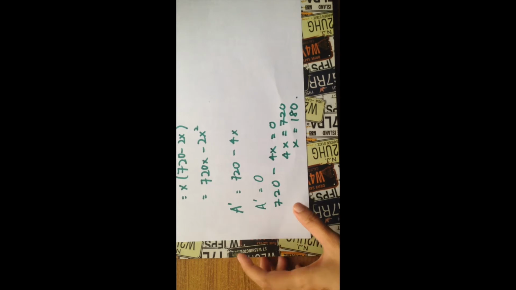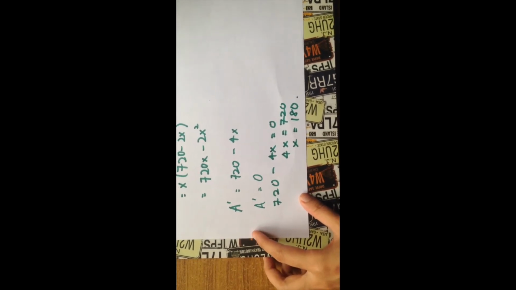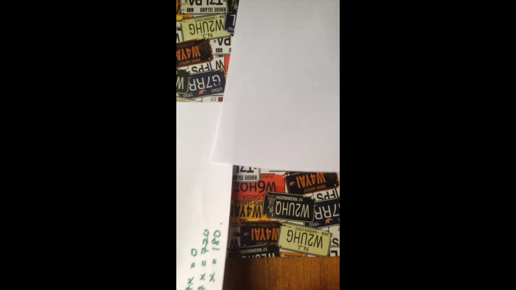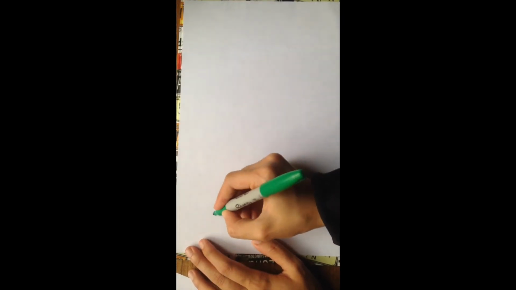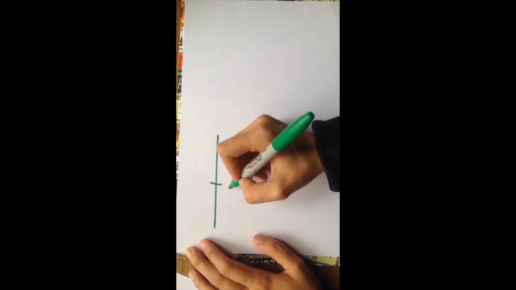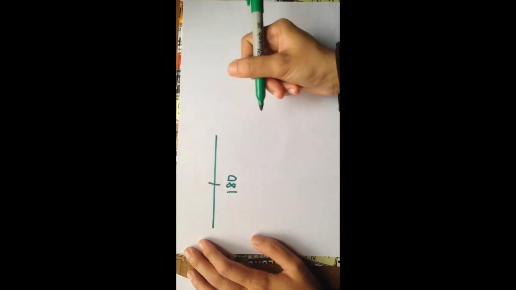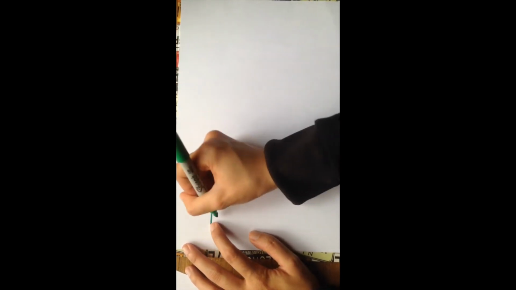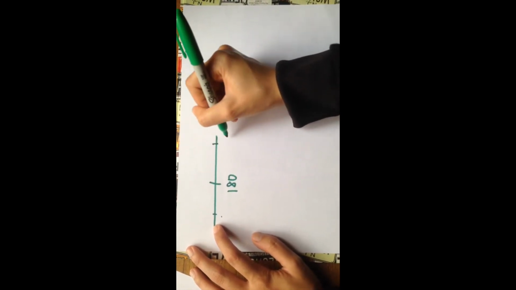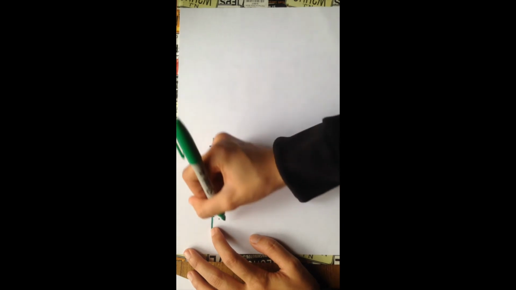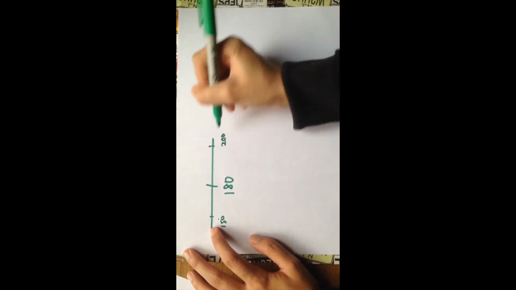So based on the maximum and minimum, we have to find out whether it is a positive or negative, a maximum or minimum point. So here is 180. We take any point before 180 and after 180, for example 150 and 200.